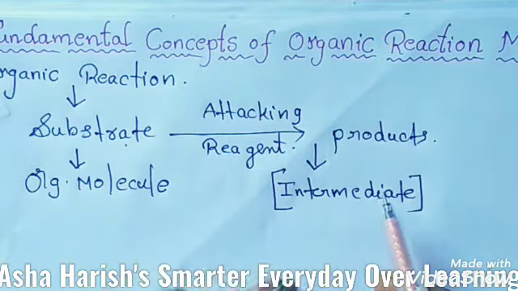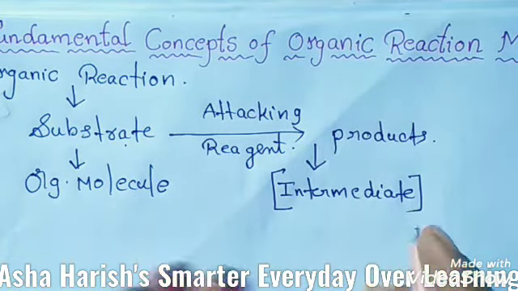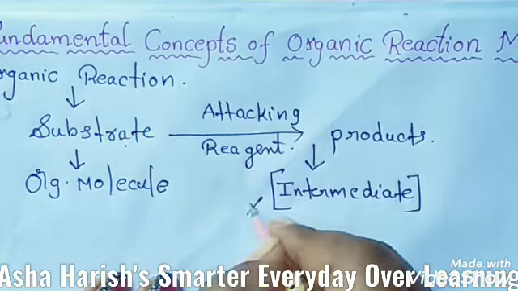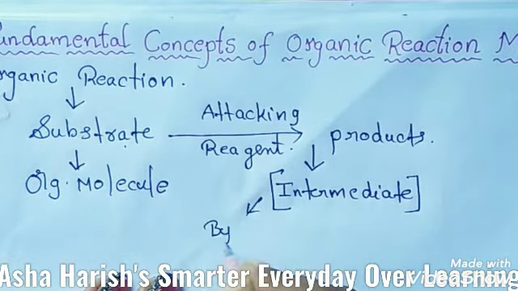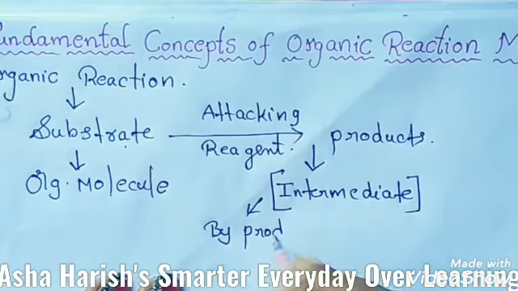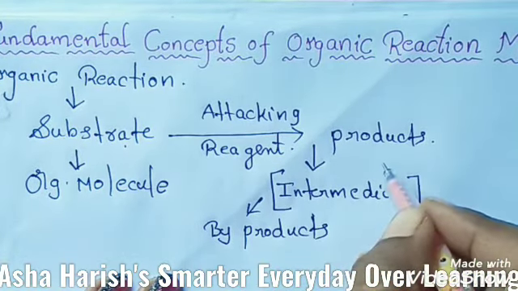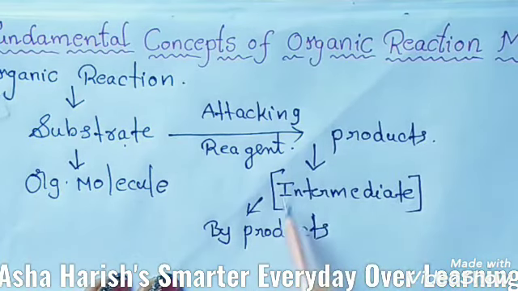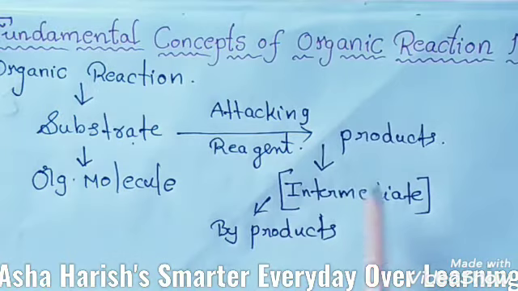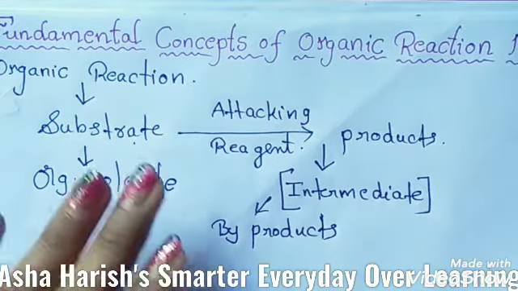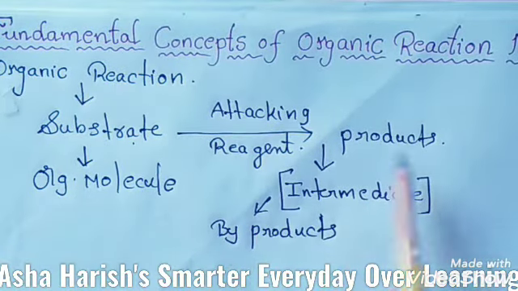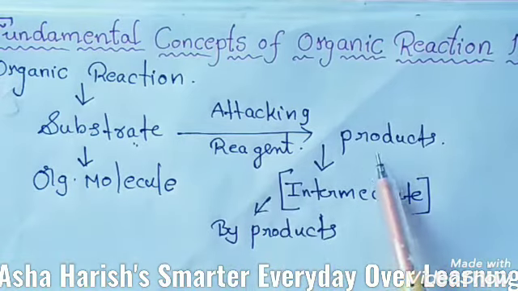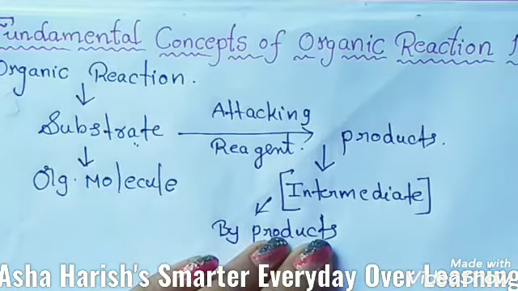In addition to the final product, sometimes byproducts will also be formed along with the products. These will also be formed from the intermediate. This is the complete sequence of events of the substrate, reagent, products and intermediates.